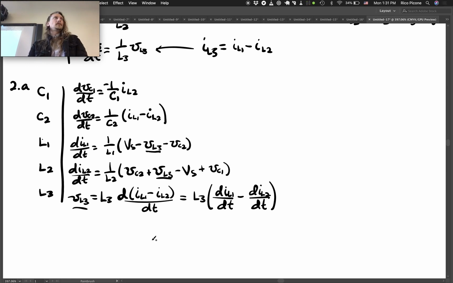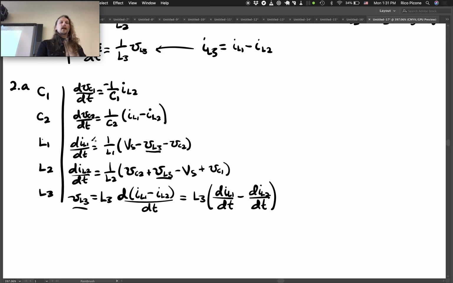No problem. Yes? Wouldn't it be better to just plug the dIL1 and dIL2 into the VL3 equation? Because then all the dIL over dTs distributed. Yeah, the trouble is that we lose then our state variable equations. So we want to get rid of VL3.